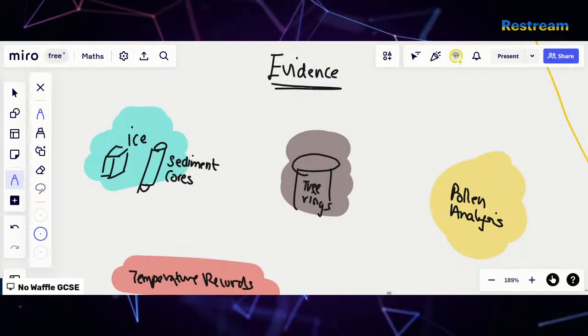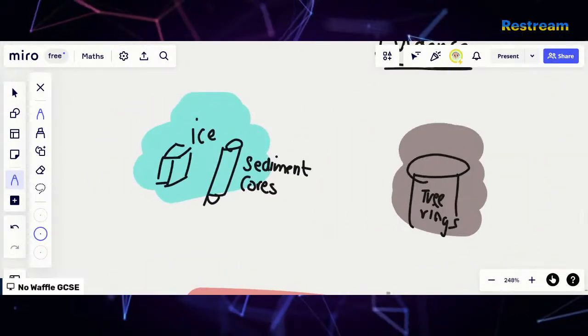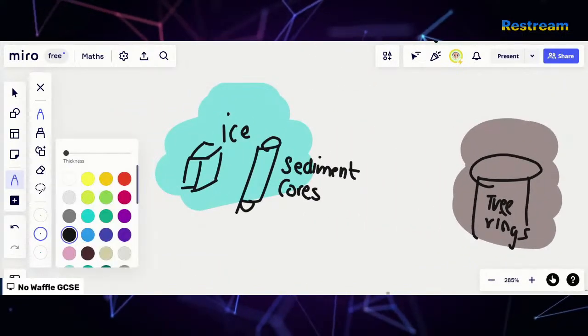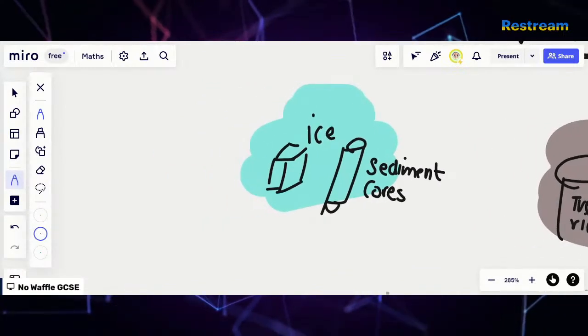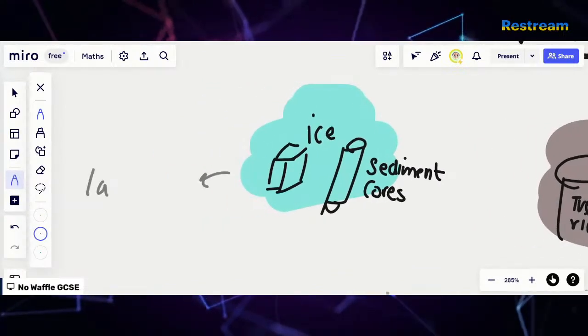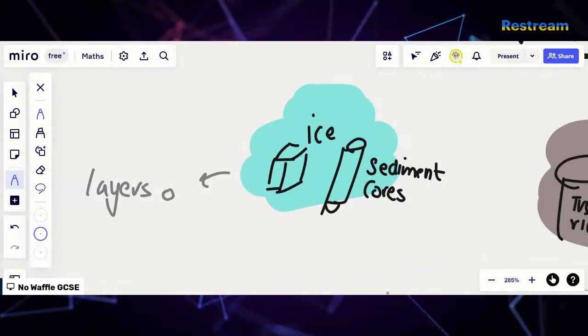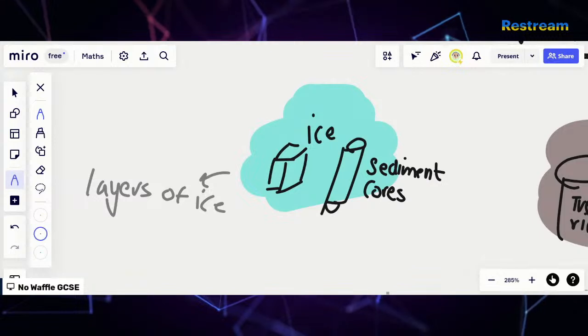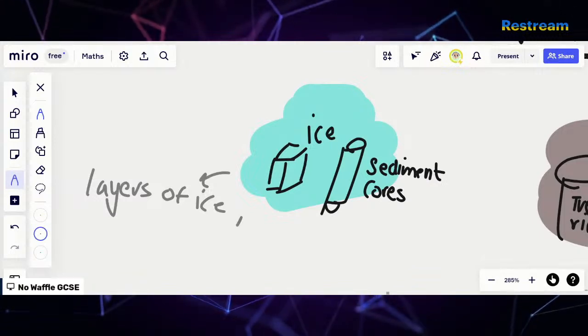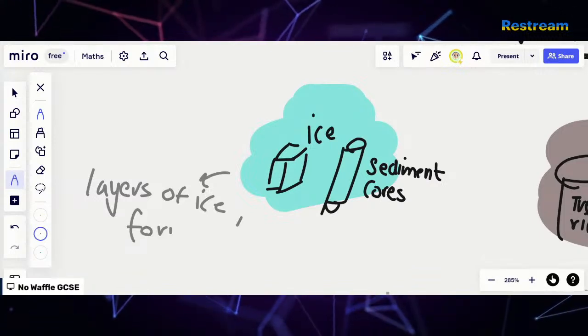So ice and sediment cores. What this does is use the fact that ice sheets are made of layers of ice. So there are layers, and each layer is formed every year. So the layers of ice are formed on a yearly basis.